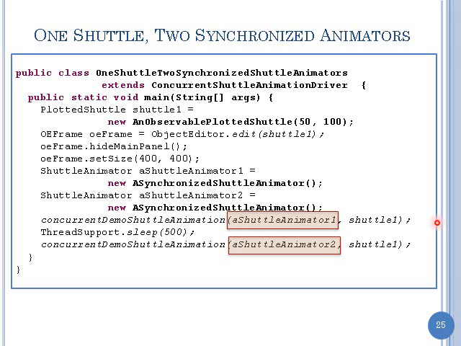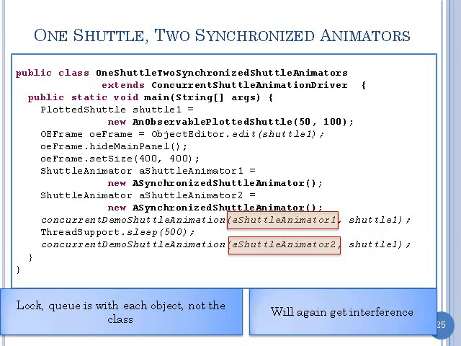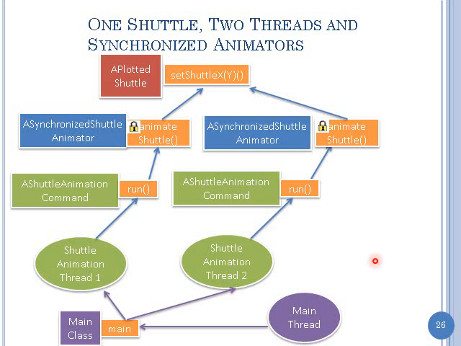And just to make things complicated, to show that life is not that easy, what if I had two shuttle animators that access the same shuttle? Okay. We were very conveniently using only one shuttle. You know, an animator here, an animator here, and accessing the same shuttle. I can make this synchronized, but that will not synchronize the loops.